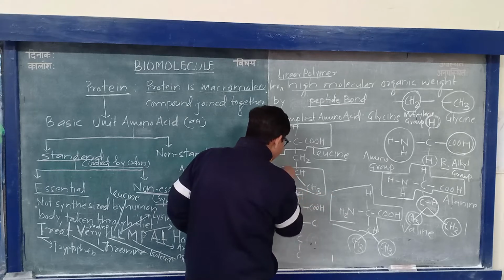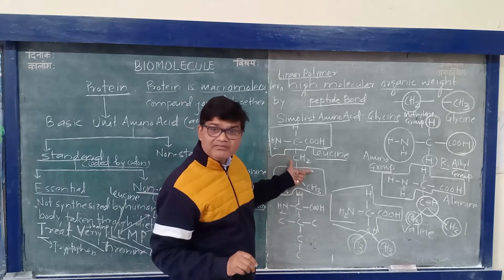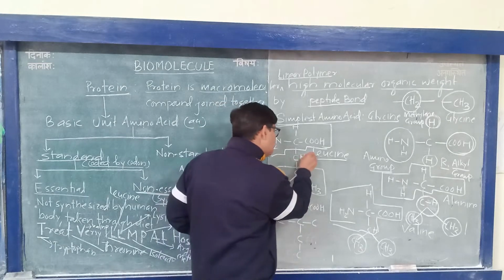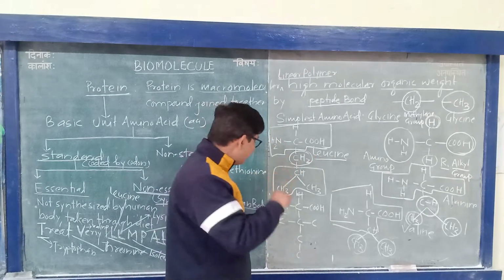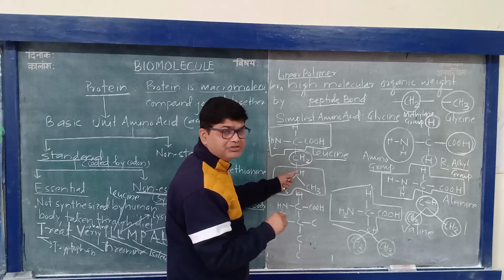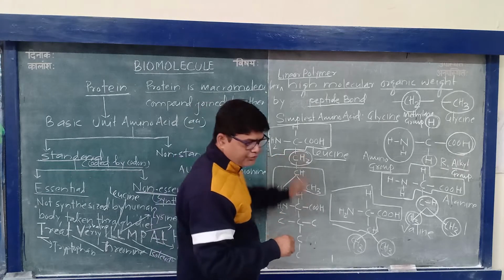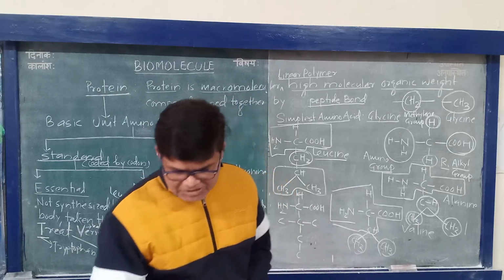This is also present in valine. What extra? Carbon and 2 hydrogen, so that group means 1 methylene group. Simply if you add above the branch, then that will be the lysine structure.